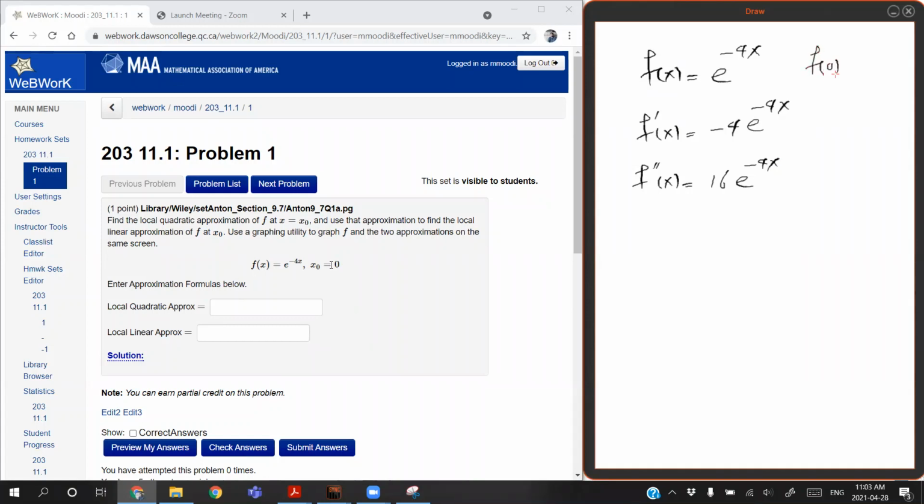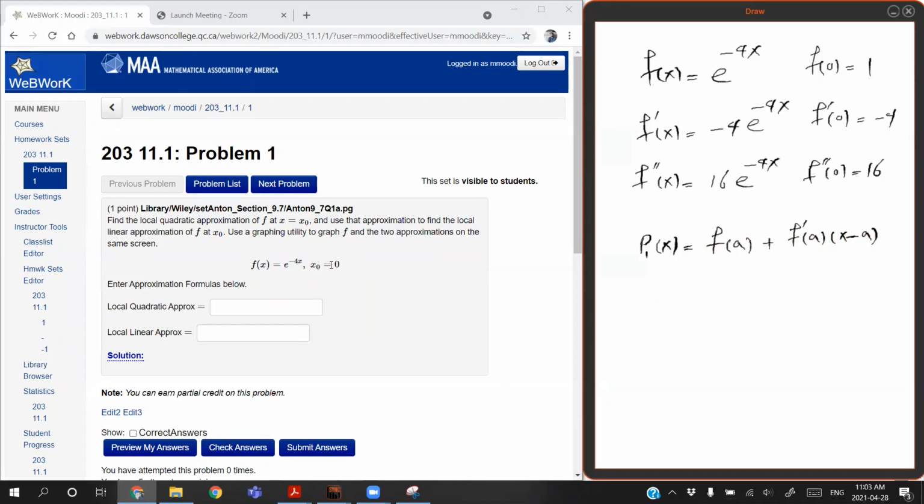If I plug in 0 into the original function, I get 1. If I plug in 0 into the derivative, I get minus 4. If I plug in 0 into the second derivative, I'm going to get 16. And then let me just write down the formulas for P1 and P2. P1 of x is going to be f of a plus f prime of a times x minus a.